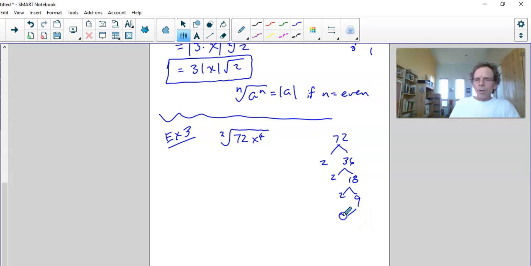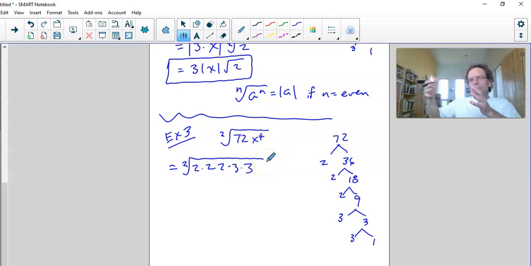Finally, an odd number. 3 goes into 9, 3, and then 3 goes into 3 once. All right, so we could write this one as the square root of 2 times 2 times 2 times 3 times 3. And I know I expanded the x squared into separate x's, but I know that we're looking for pairs, right? We're looking for groups of 2.